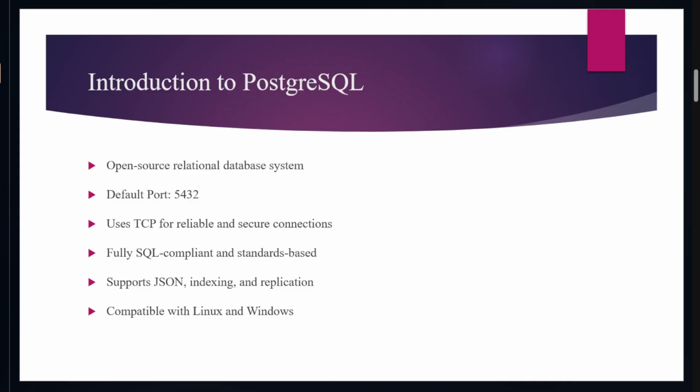Beyond traditional relational features, Postgre also supports JSON storage, indexing, and replication, making it flexible enough to handle both structured and semi-structured data. It's also cross-platform, so it works well on both Linux and Windows environments, which is what makes it a popular choice for developers and organizations of all sizes.